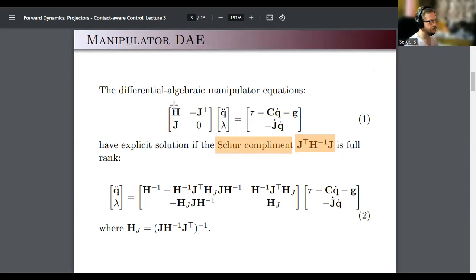What this is, you can see here, is the inverse of this matrix multiplied by this on the left and on this on the right. There is also a minus sign in front of it and plus this element, so the full form would be 0 minus J transpose H inverse J. But this is 0, so we have a simpler Schur complement here. And it should be full rank, because in the expression for the analytical solution to this equation, this Schur complement will be inverted. So it has to be full rank for the solution to exist.